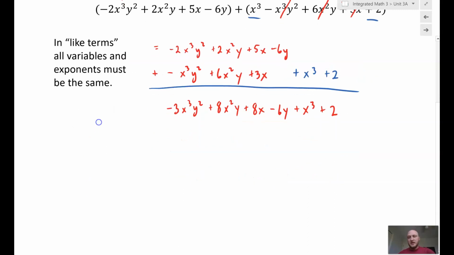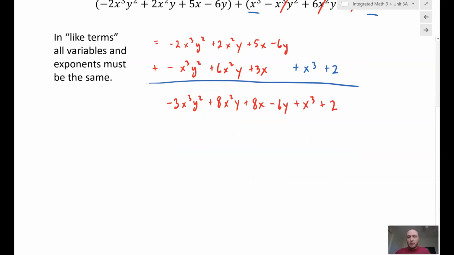Okay, so I'm done, except this is not in standard form. So what I need to do is put it in standard form, and really the issue comes from this x cubed term here, right? That was an extra term in my second polynomial that I didn't have a place for originally in my first one. So where does this x cubed go? Well, notice it's x cubed and it has no y's. So it's going to go in the front of my x cubes out here.